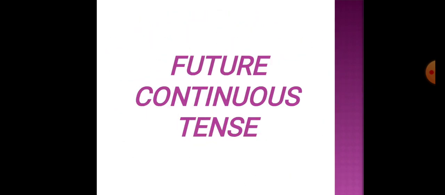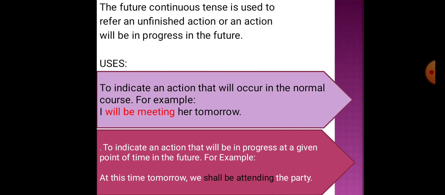Now, future continuous tense. The future continuous tense is used to refer to an unfinished action or an action that will be in progress in the future, and it is used to indicate an action that will occur in the normal course.